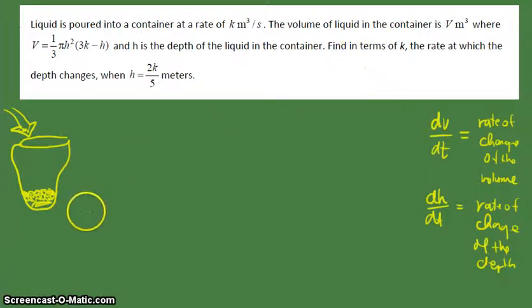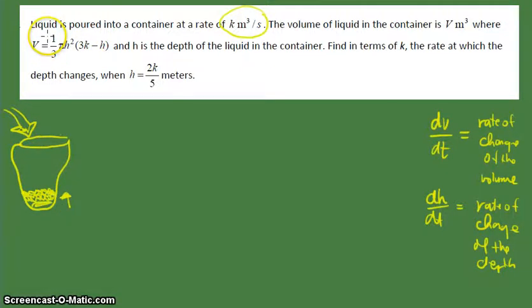So what we want to find here is the rate, how fast the height increases when you pour the liquid in the container at the rate of k cubic meters per second. So definitely the volume inside the container will increase, as well as the height of the liquid in the container. But take note that the rate at which the volume is changing is not the same as the rate of change of the height. Okay?